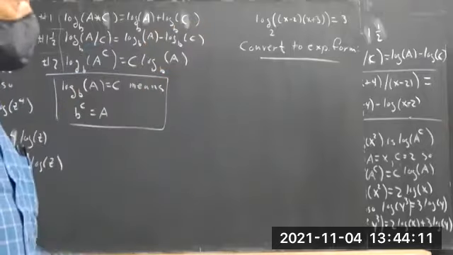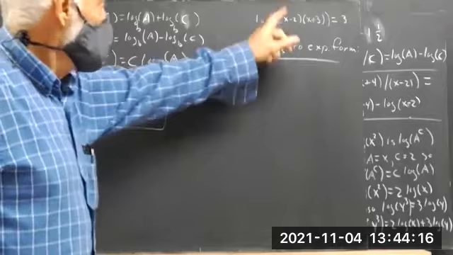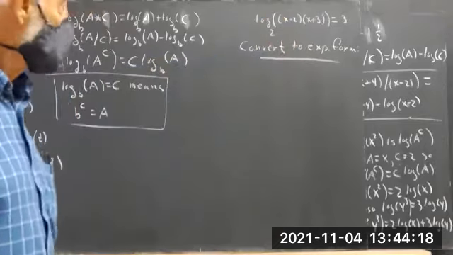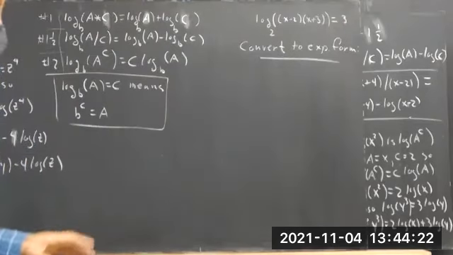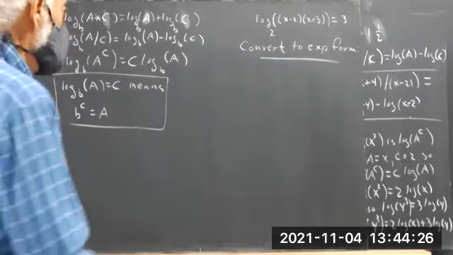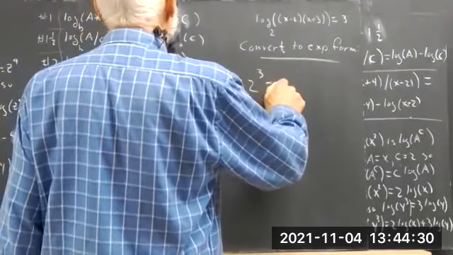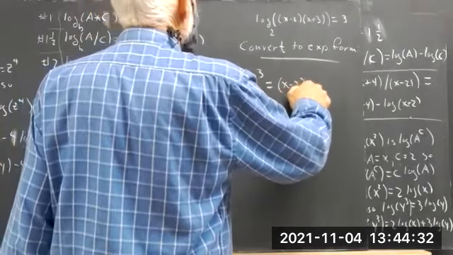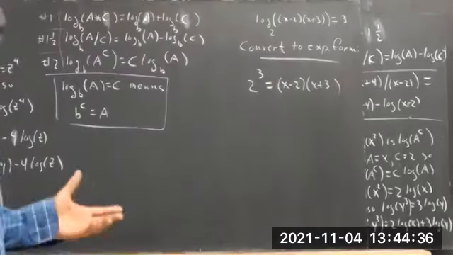So as we did last time, you can write it down. B equals 2. A is x minus 2 times x plus 3. And c is 3. Write that down and then substitute that a, b, and c in here. You get 2 to the third equals x minus 2 times x plus 3. And that's just an algebraic expression.